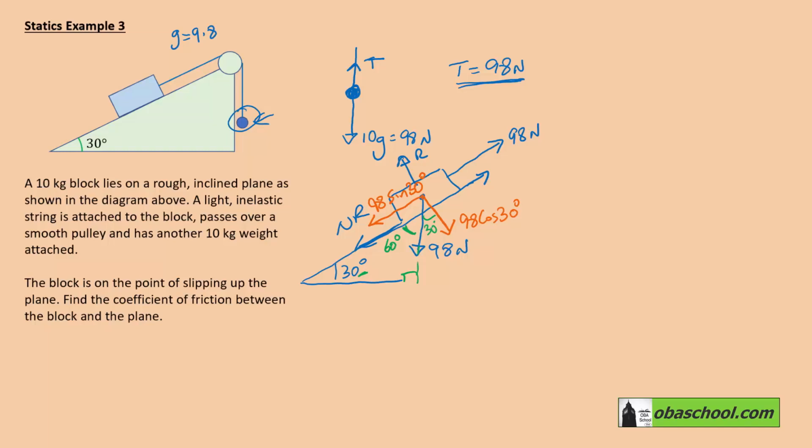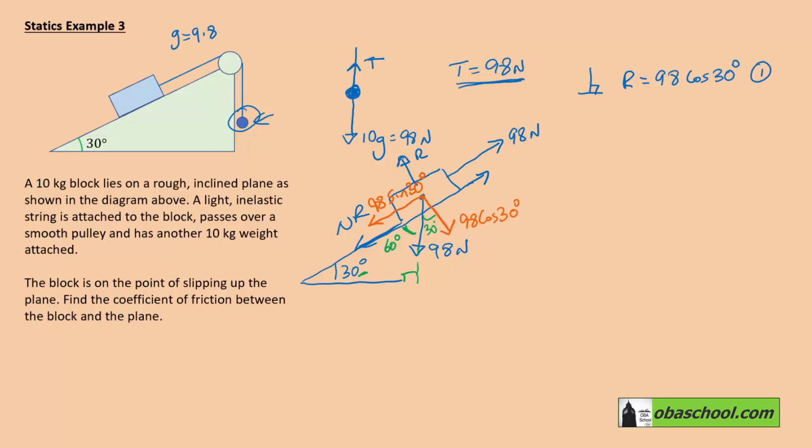So if we consider perpendicular to the slope, we would have R is equal to 98 cos 30.